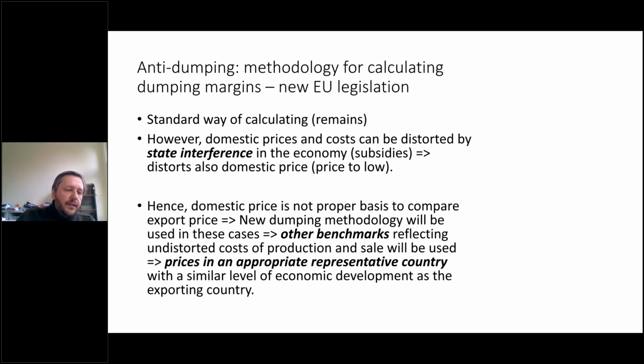And if that's the case, the EU will not look only at the price on the domestic market, but it will also use other benchmarks. That basically means that they will look at the prices of similar products in appropriate representative countries where there is no state interference, to get a better estimate of the real value of the product, and to establish whether dumping has occurred. So that's in a nutshell the anti-dumping measures.